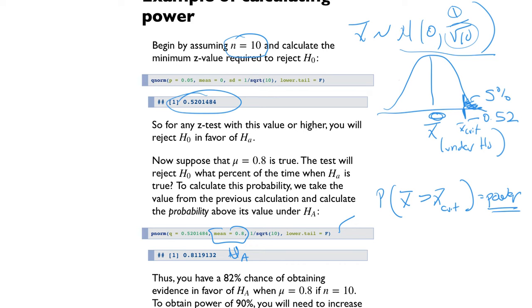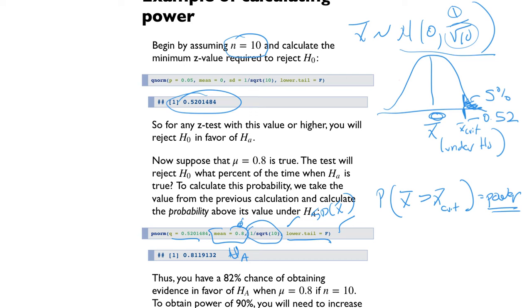So now I want the probability of being greater than this value. That's why lower tail is false. The distribution is a mean of 0.8, our proposed alternative, and the same standard deviation of the mean. Again, this is the standard deviation of the x bar, and the change in the mean doesn't affect it; we're assuming the standard deviation stays the same.